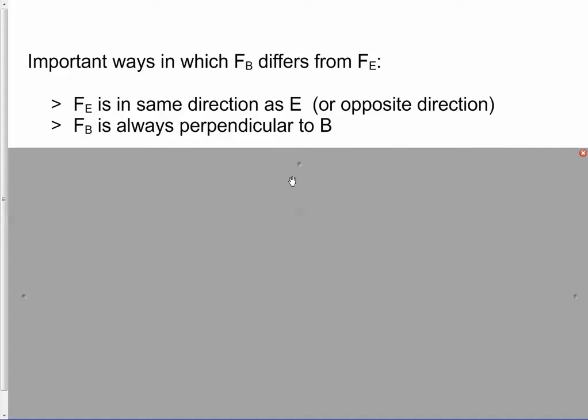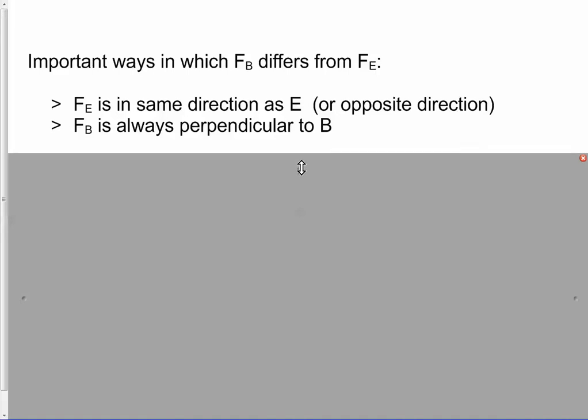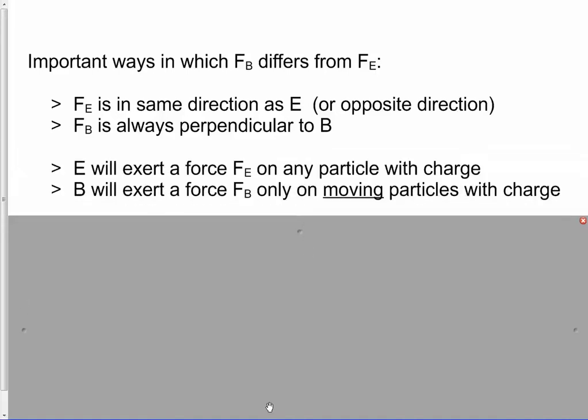So that's one big difference. Another difference is that an electric field will exert its force on any particle that happens to have charge, positive or negative, even if it's not moving, whereas a magnetic field will exert its force only if the particle is moving. It has to have charge, yes, but it also has to be moving. So that's another difference.